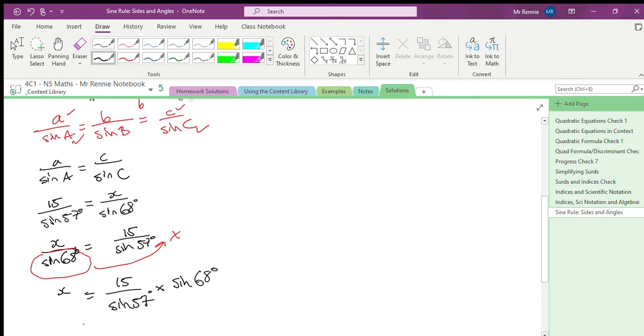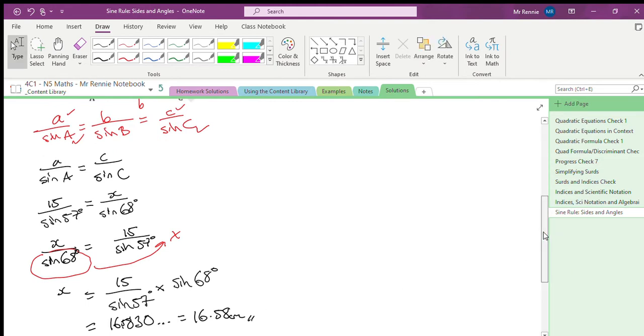If I type it into my calculator, I get 16.5830, and if I round that to two decimal places, I get 16.58 centimetres. So that was the length of x for the first question.